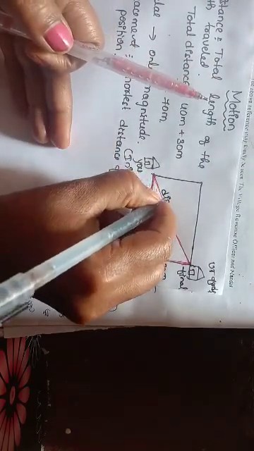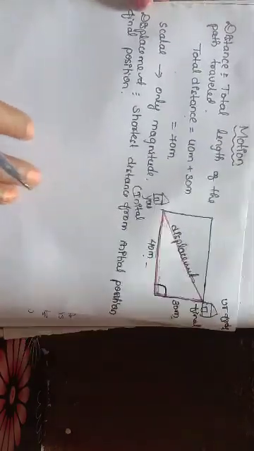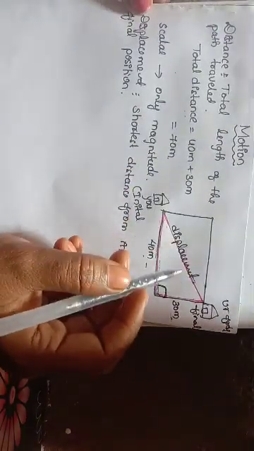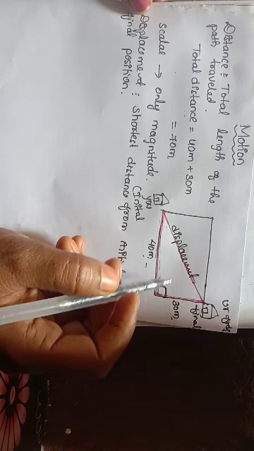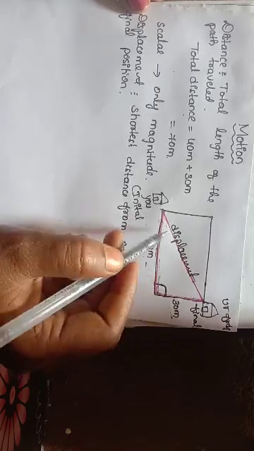To find this, try to observe. You can measure with a tape or any instrument, or you can find it using the Pythagoras theorem. This displacement is the hypotenuse, so apply the Pythagoras theorem.